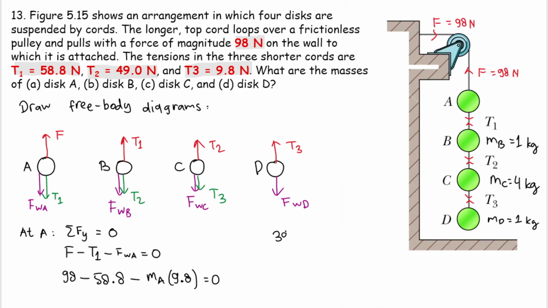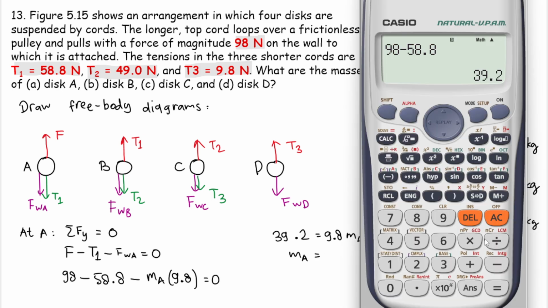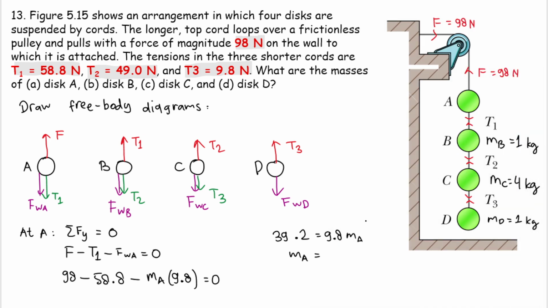So I have 39.2, and let's move this term to the right hand side. So I have 9.8 mass of A. What is the mass of A? We can divide both sides by 9.8, and I think we will have 4 kilogram. That will be our mass of A, 4 kilogram.